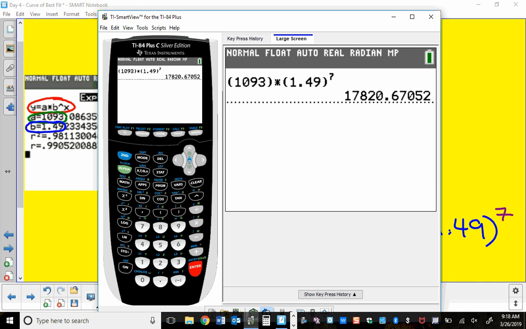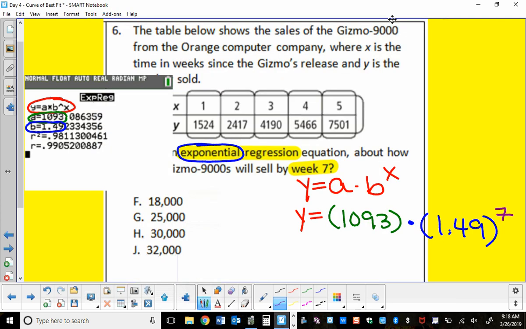You all get 17,820. Okay. Your decimal may be a little different depending on how you round it. But nonetheless, you get y equals 17,820. Which answer is this closest to? F, 18,000.